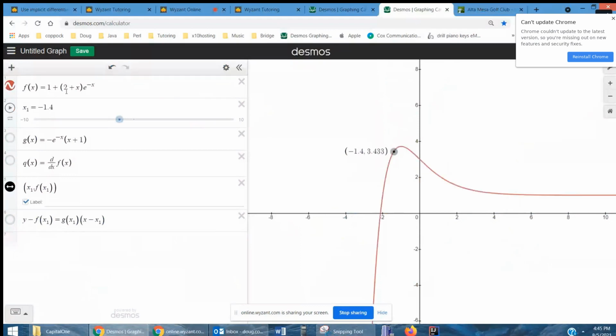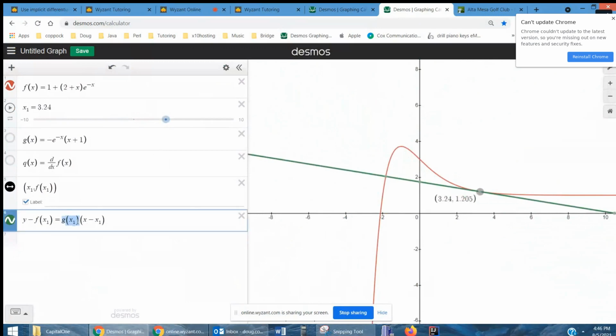I'll re-enable the first derivative, and I'll re-enable the tangent line, where I've let x sub 1 represent any x value. And you can see that that green line is actually a tangent line to the graph of the original function. And I'm using the g function to calculate the slope.